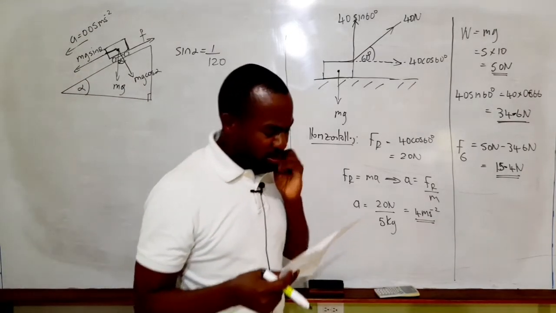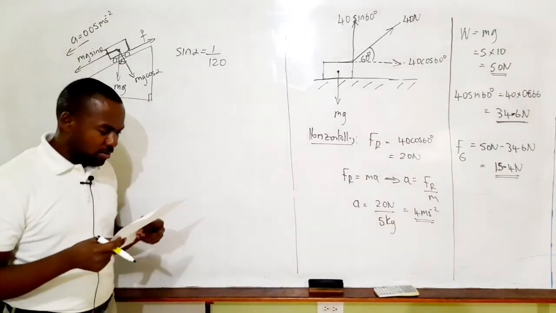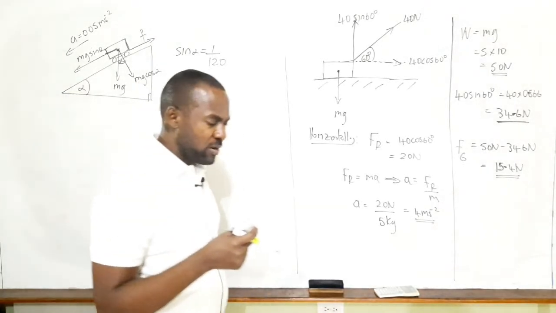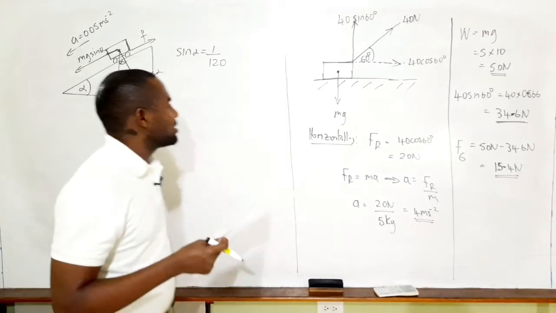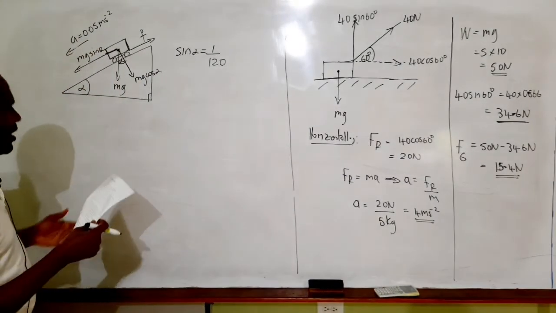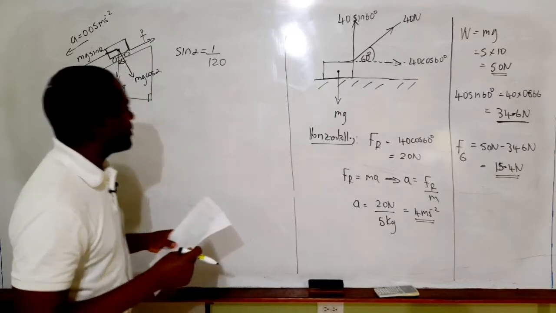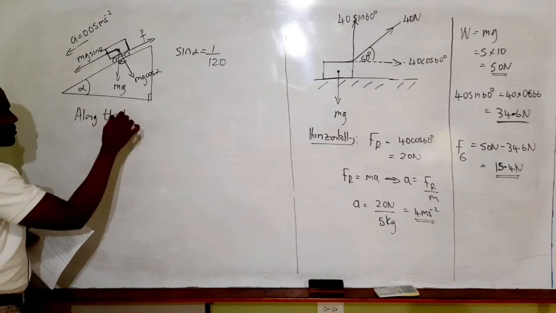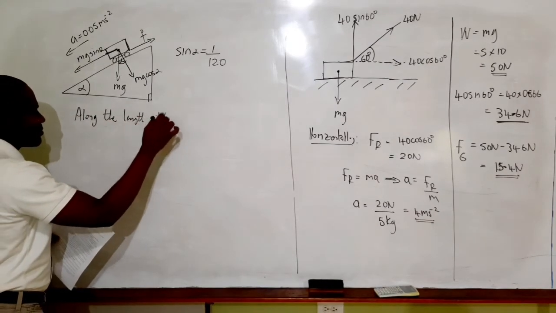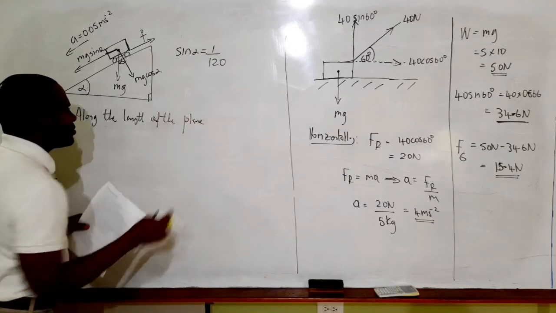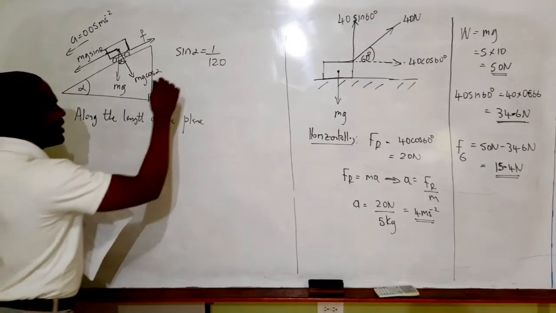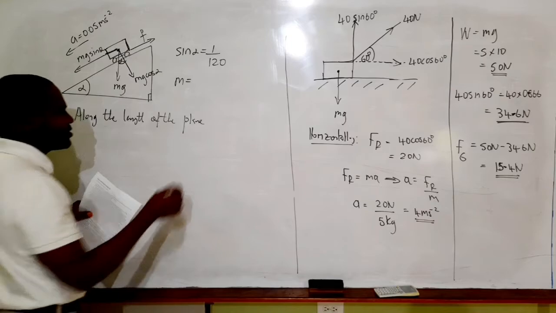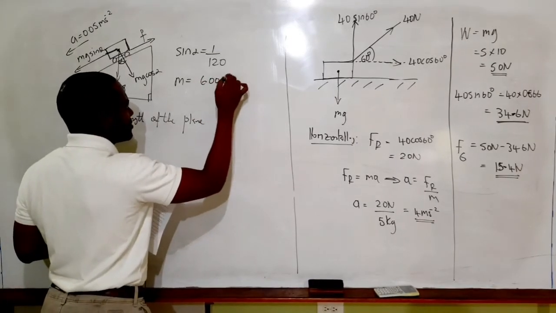Now, there's no mention of any other force acting on the railway truck, and therefore these are the forces that we'll take into consideration, especially along the length of the plane. So let's consider the forces along the length of the plane. The mass of the truck, of course, we're given, M is equal to 6 tons, which of course is equal to 6,000 kilograms.